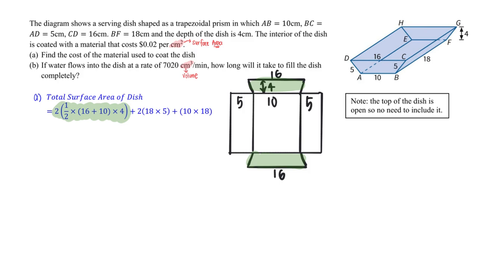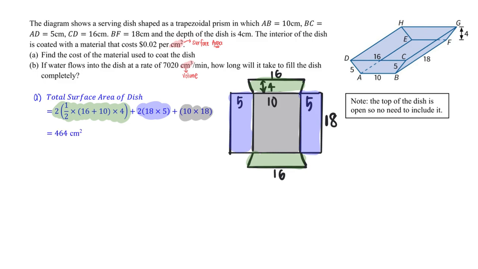Then there are 2 more surfaces that I would want to find. One is this 5. Oh yeah, I did not write down the 18 here. So you will see 18 times 5, there are 2 of them, so I times 2. There is also the middle 10 by 18 rectangle.